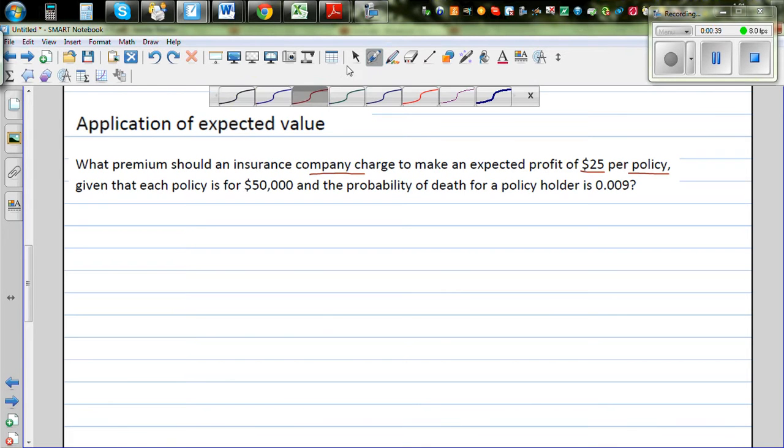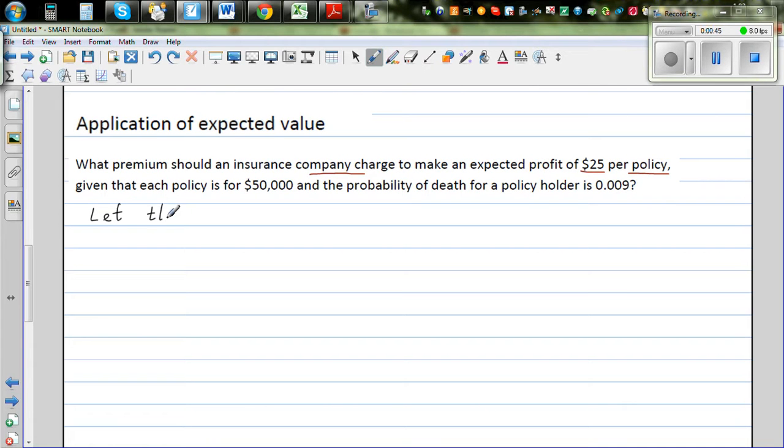So let's say, let the premium be P. Let the premium they are going to charge be equal to P. P is the amount of insurance premium, and the expected gain that the insurance company wants is $25 per policy.